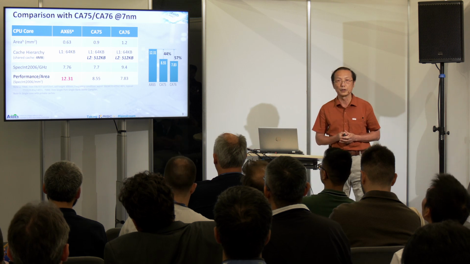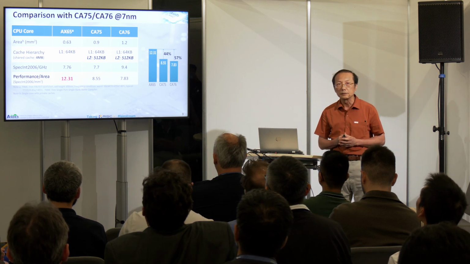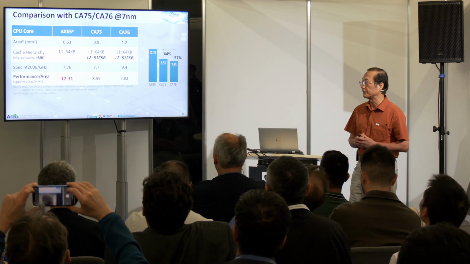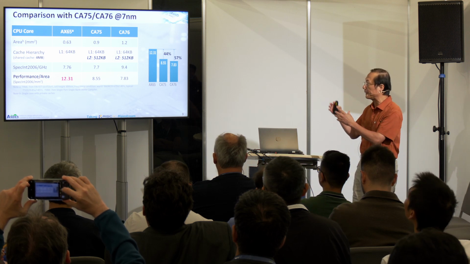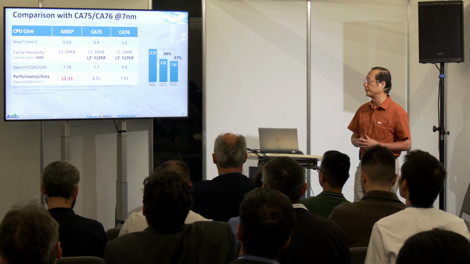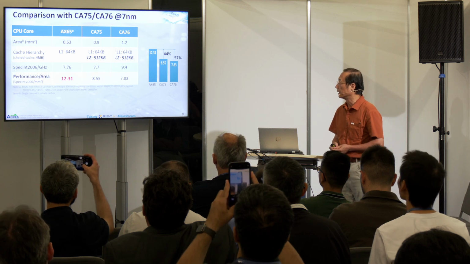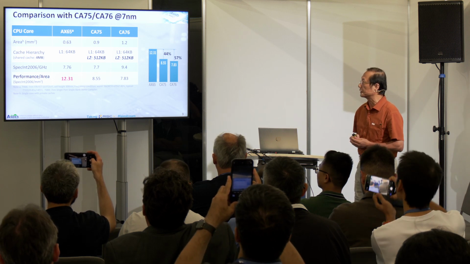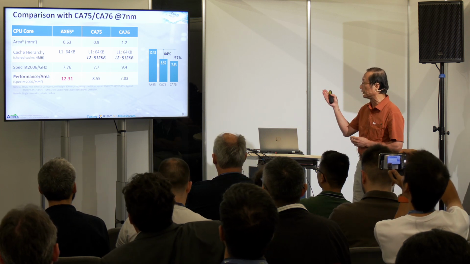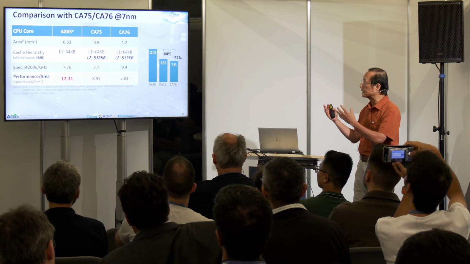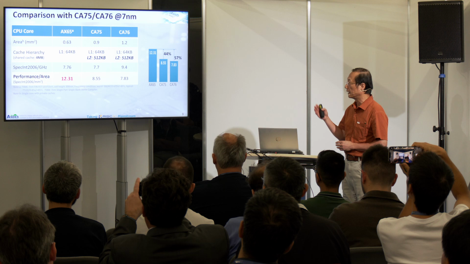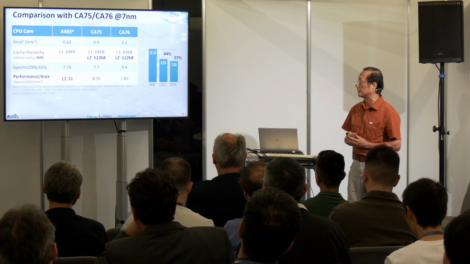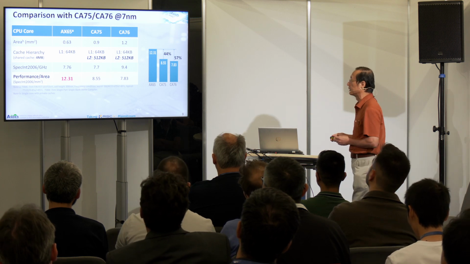So compared to ARM's CA75 and 76, we have better per-area performance like this. We list the SPEC integer 2006 here, but with the cache consideration, it's got the best per-area performance among them.